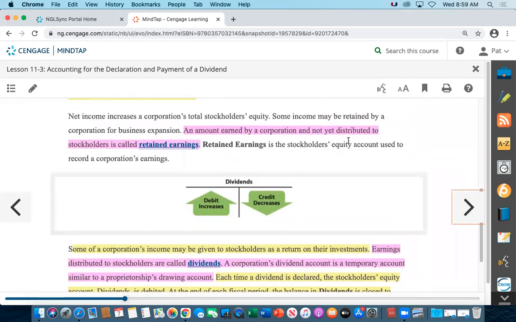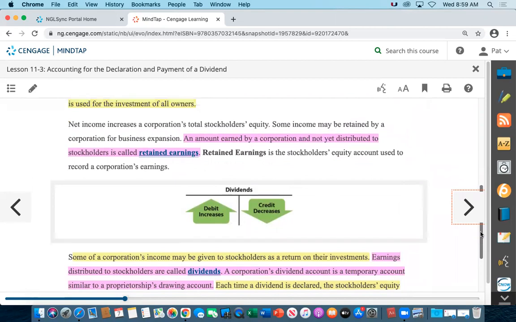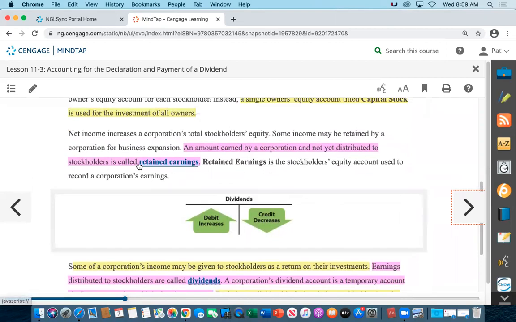The amount earned by a corporation but not distributed to the stockholders is called retained earnings. Retained earnings is a stockholders' equity account used to record the corporation's earnings. Anytime we have a net income, that increases our stockholders' equity.